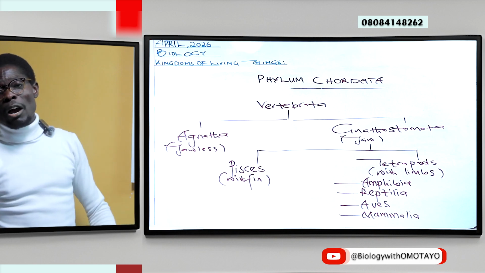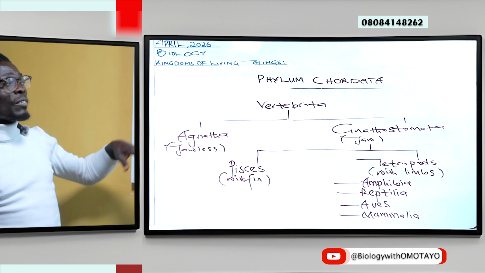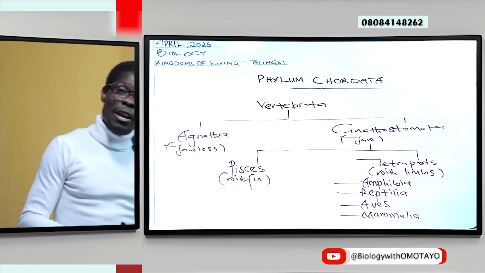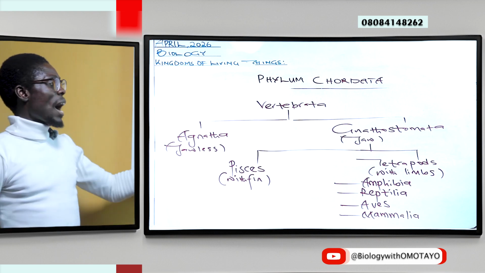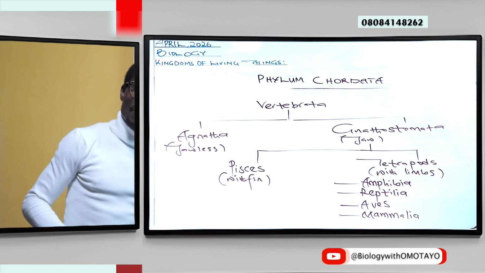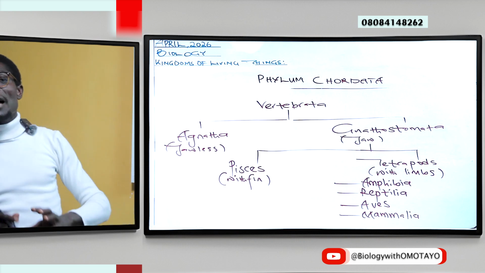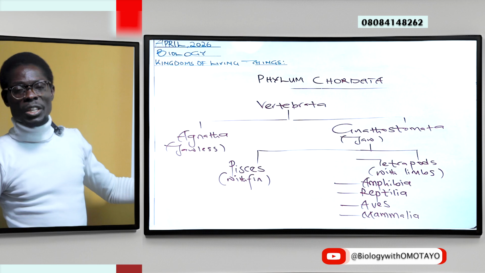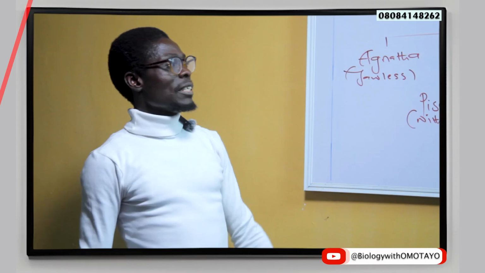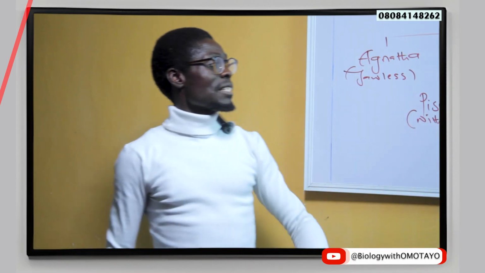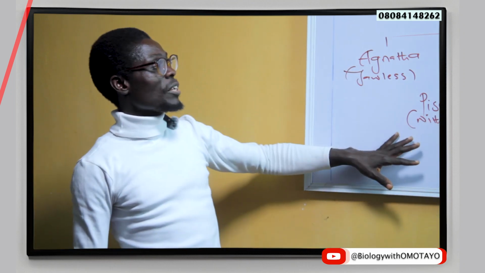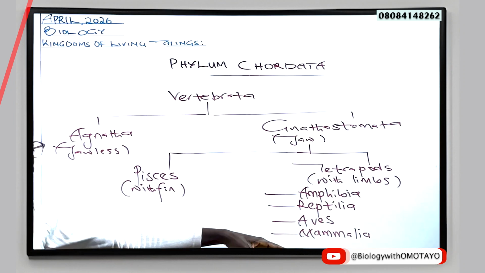Progressively in order of complexity, that means we'll be having Pisces, Amphibia, Reptilia, Aves, and Mammalia. A good grasp of this will go a long way in helping you in your UTME. The Gnathostomata has the Pisces with fins and the tetrapods with limbs.